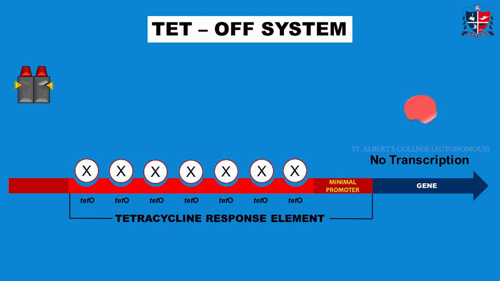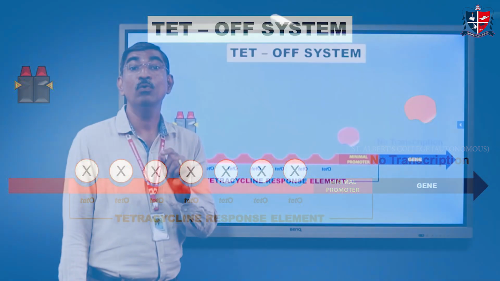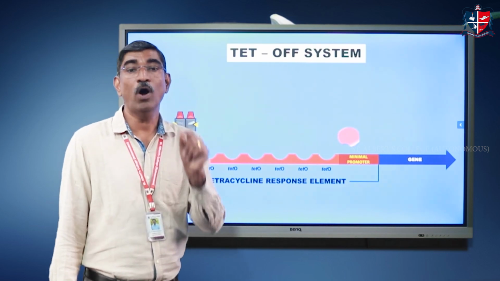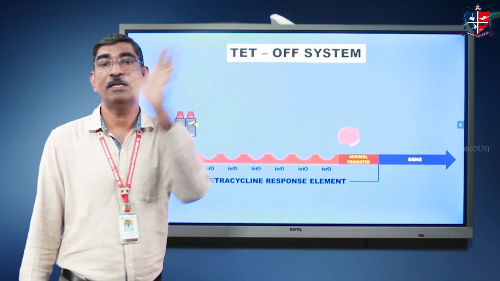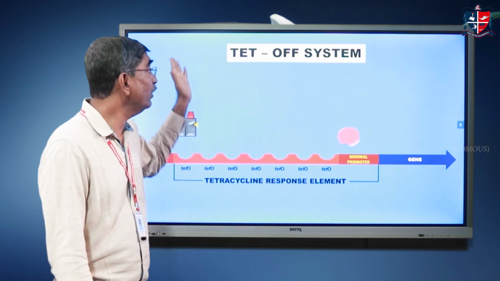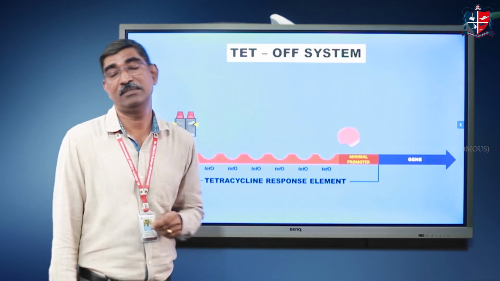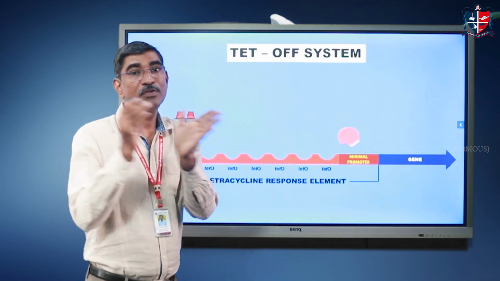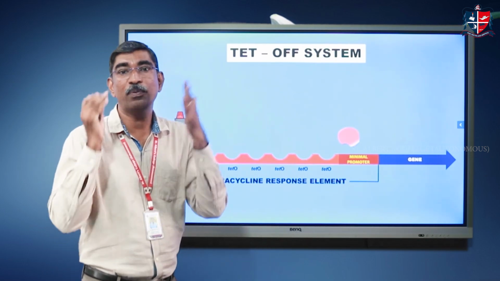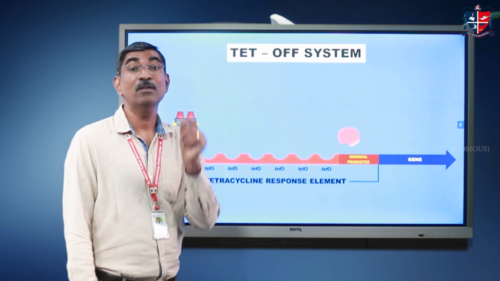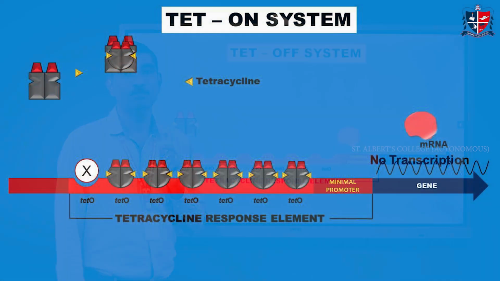So by providing tetracycline, you can switch off a gene which was normally transcribing. That is why this system is known as the TET-off system. Here the gene was in an on condition, and by giving tetracycline, you can switch off that gene.